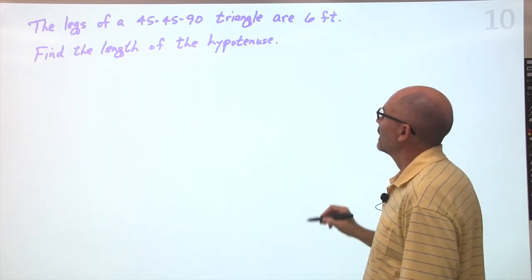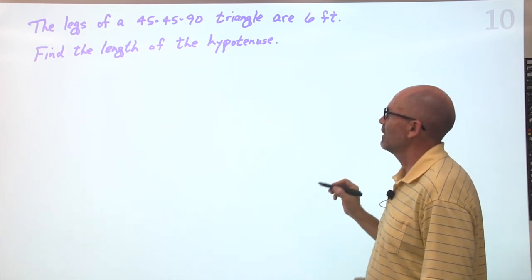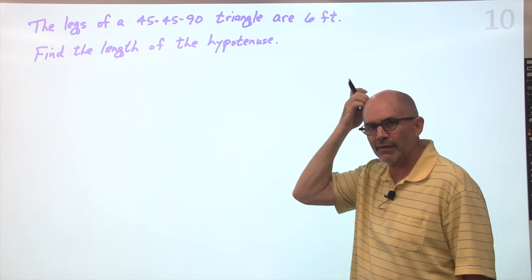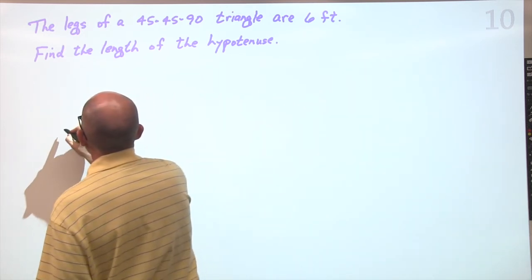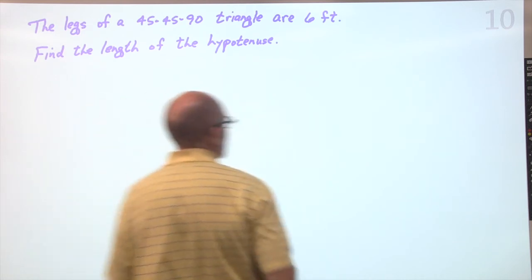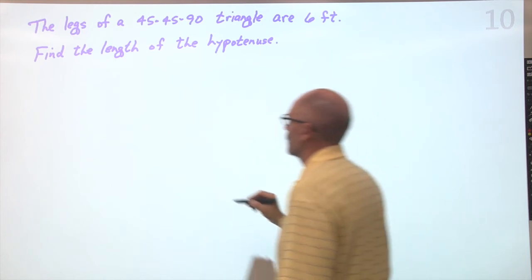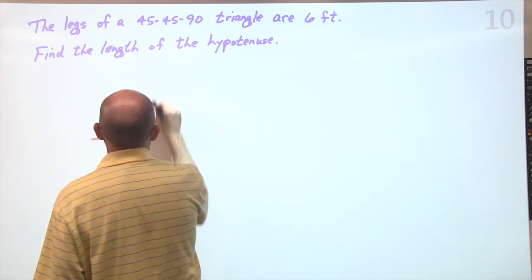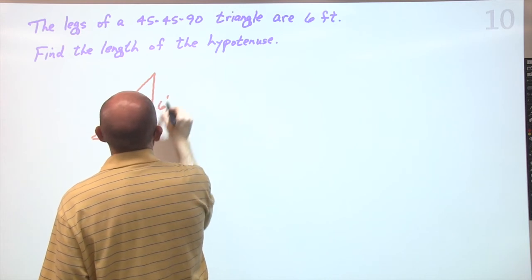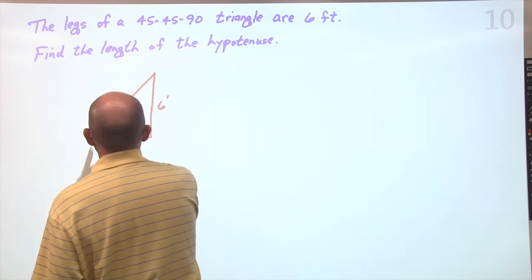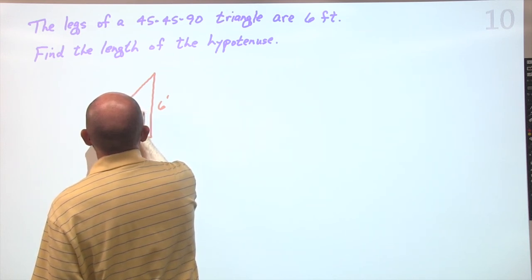The legs of a 45, 45, 90 triangle are 6 feet. Find the length of the hypotenuse. Okay, so our 45, 45, 90 looked like this. So we know the legs are 6 feet, and we need the length of the hypotenuse.